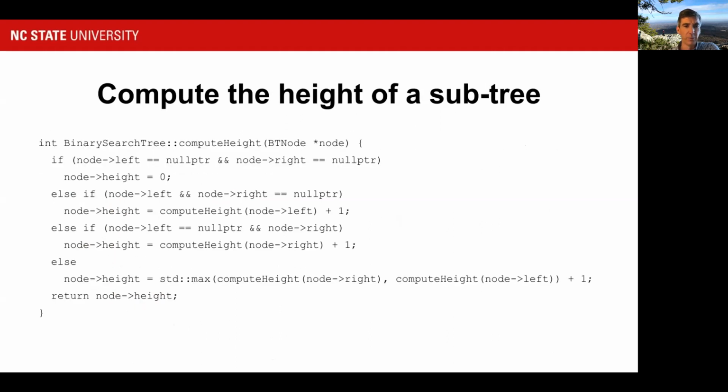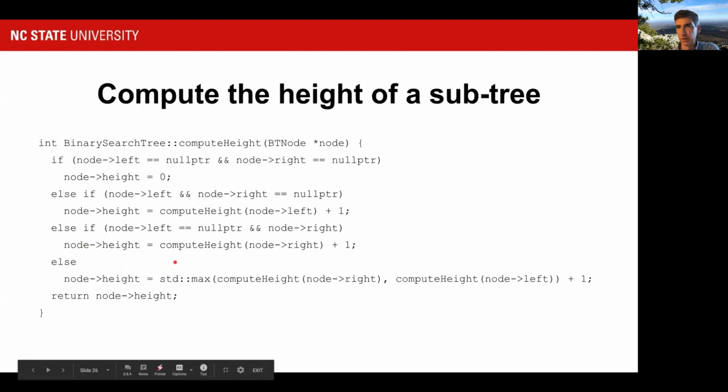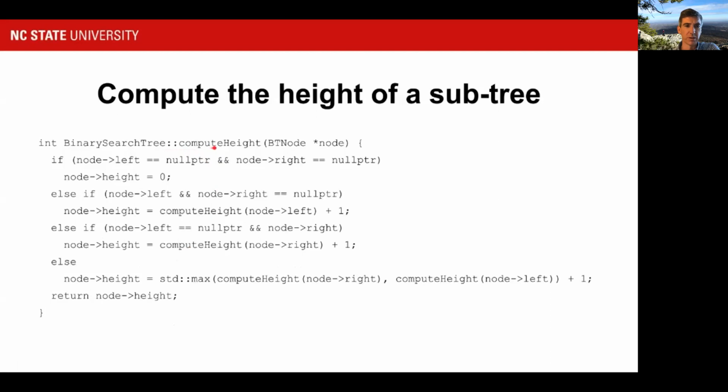And to do that, we could write out a really simple recursive algorithm to populate those fields. The way it would work is as follows. I'd call this function compute height and pass in a BT node. And then I would ask the question, are the left and right nodes null? If they're both null, then the height of this node is 0. It's at the leaf of the tree.